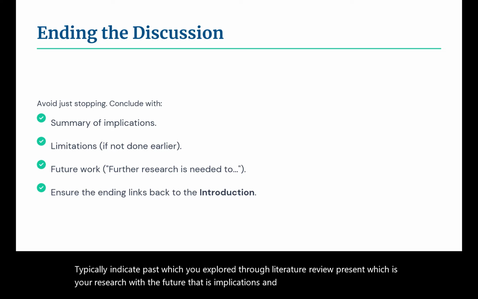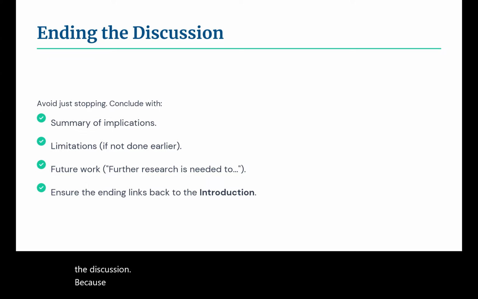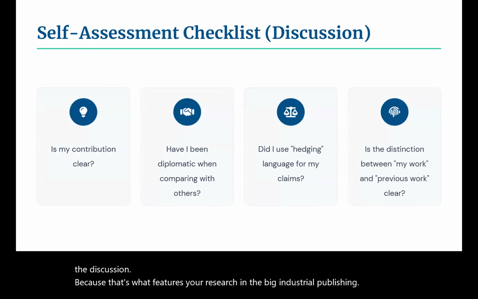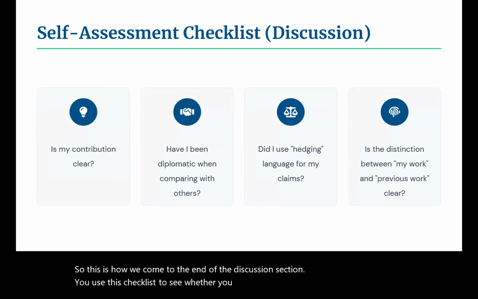That connecting of the three dots of past, present, and future is a must in your ending of the discussion, because that's what pitches your research in the big industry of publishing. So this is how we come to the end of the discussion section. You use this checklist to see whether you have done it perfectly.